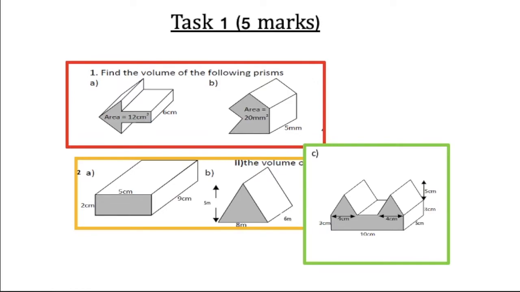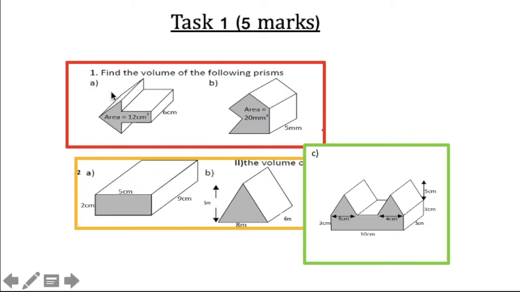So we've just recapped on formula, which we now know. And as part of the recap, your first task is this one. You're going to write on a piece of paper your name and course subject as per normal, and then you will write task 1.